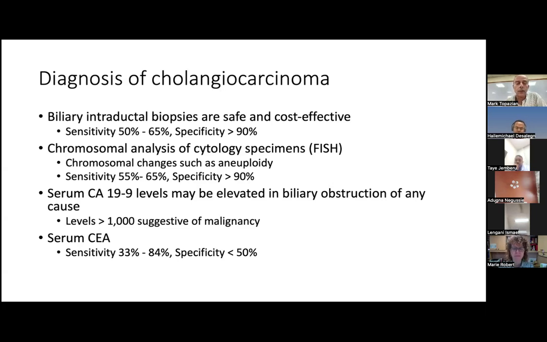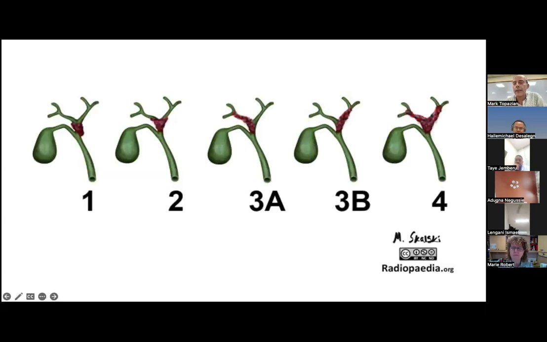We also rely clinically on the Bismuth stage of the tumor to guide treatment. Bismuth 1 is a hilar cholangiocarcinoma where the right and left hepatic ducts still communicate with each other. So one stent would drain the bile from the entire liver, and the surgeon would also have a relatively easy time resecting this tumor with a clean margin.